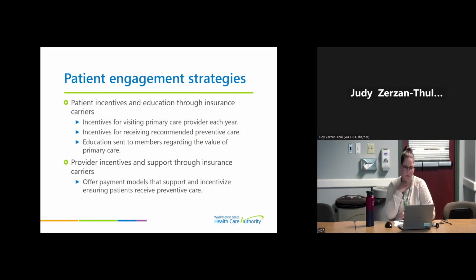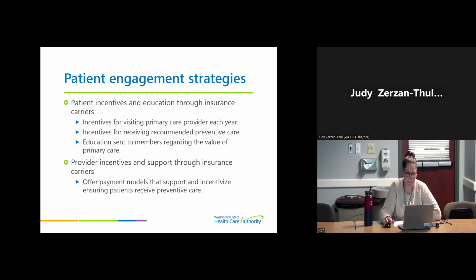So one is patient incentives and education through insurance carriers. There are lots of examples of insurers providing incentives for patients to visit the primary care provider. There are examples of incentives for patients receiving recommended preventive care.